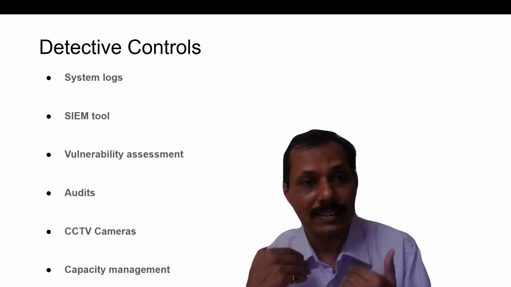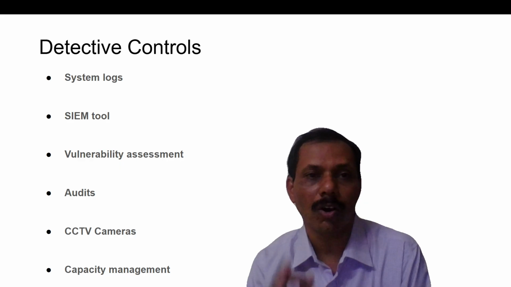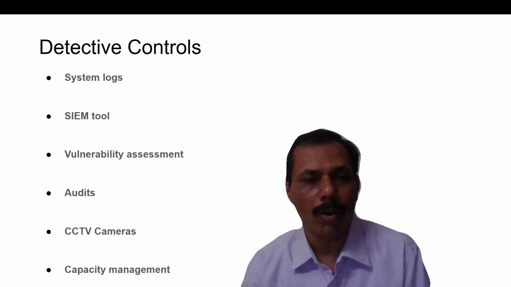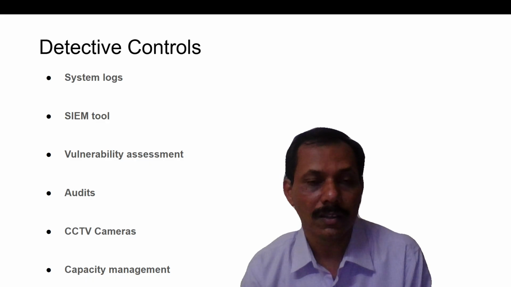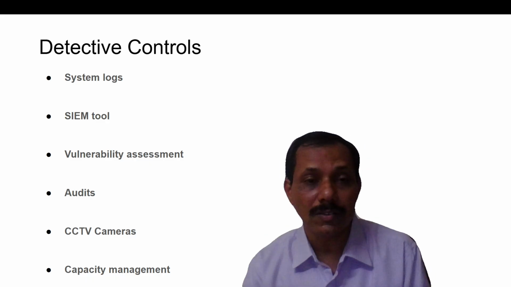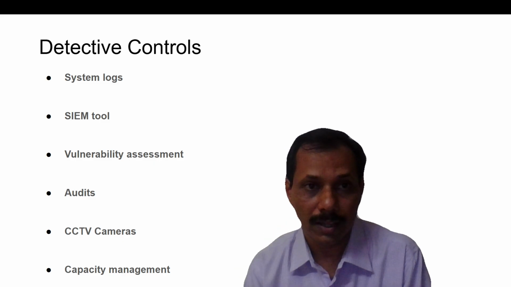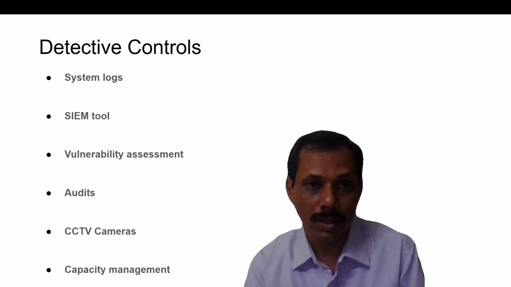System log is a classic example of detective control. Any log, it may be operating system logs, it may be application logs. These logs will generate only when something has happened. Some user has logged in, that user has logged out.